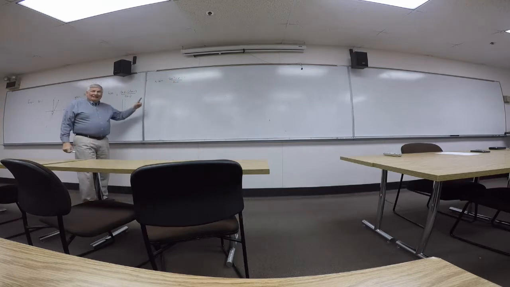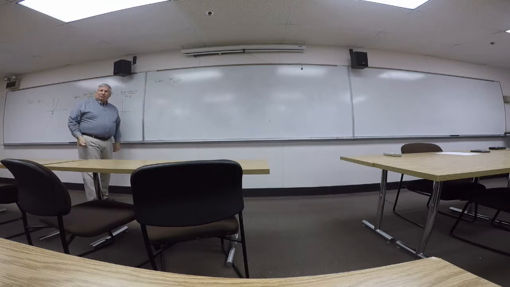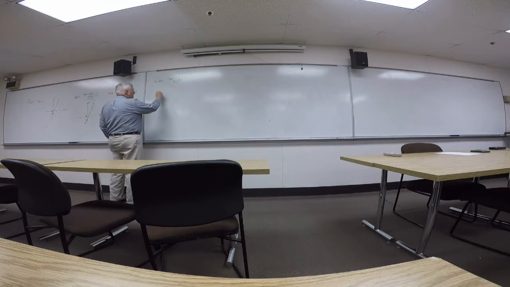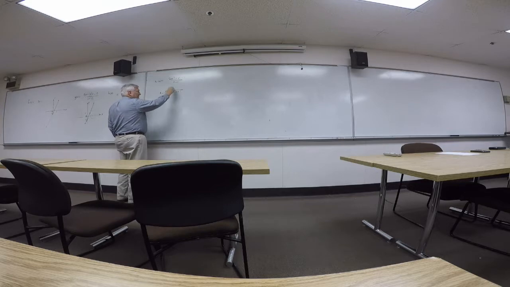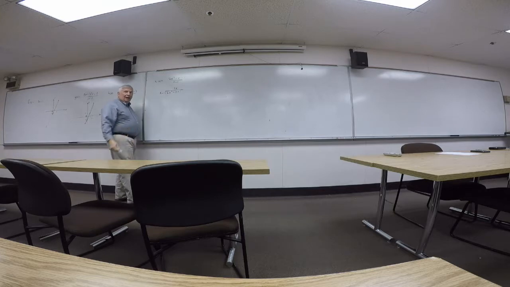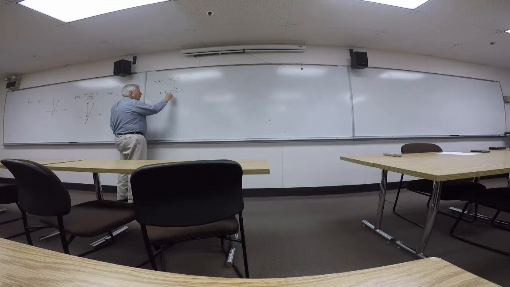If I divide the denominator into the numerator, and here I think I'll use long division today, x minus 1 divided into 2x squared plus x minus 1. X goes into 2x squared 2x times. Keep your column alignment and your place value alignment. 2x times x is 2x squared. 2x times negative 1, negative 2x.